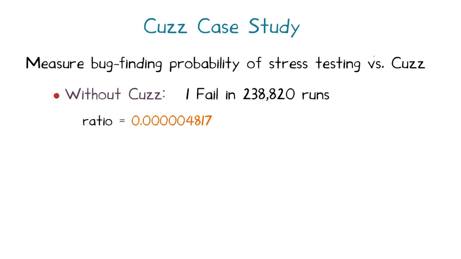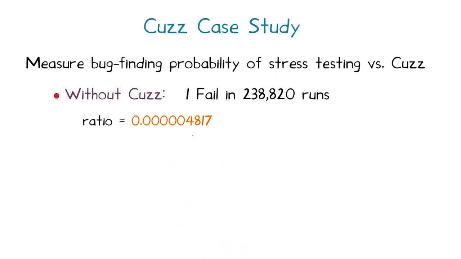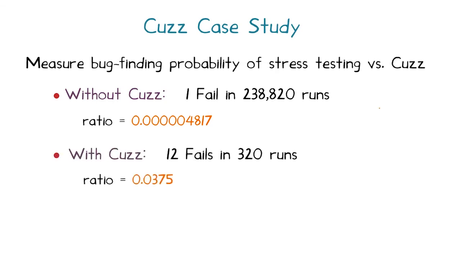Without Cuzz, that is, using stress testing, the bug was triggered only once in over 238,000 runs, giving a mere probability of 0.000004817 for finding this bug by using stress testing. On the other hand, using Cuzz, the bug is triggered 12 times in just 320 runs, giving a dramatically higher probability of 0.0375.